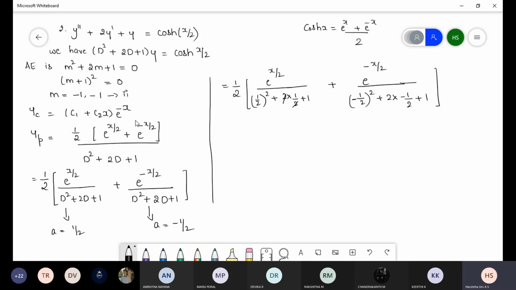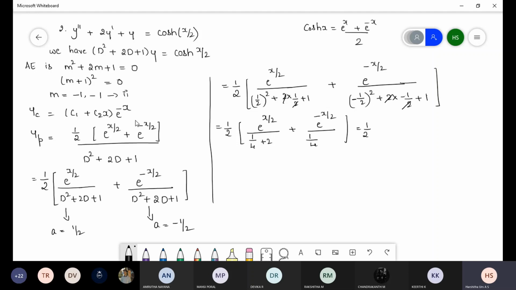So the 2s will get cancelled. 1 by 2 into e power x by 2. Here (1 by 2) whole square means 1 by 4, 1 by 4 plus 2. How much do we get? 1 by 4 plus 2 means 9 by 4. We can write in the next step. Here also 1 by 4 because minus 1 plus 1 will get cancelled.